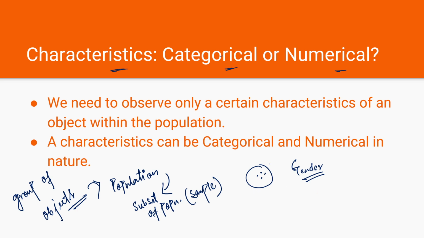If you want to know how many publications individual students are having, that should be also another characteristic, number of publications. All right, then what are the marks they are getting in their exams?